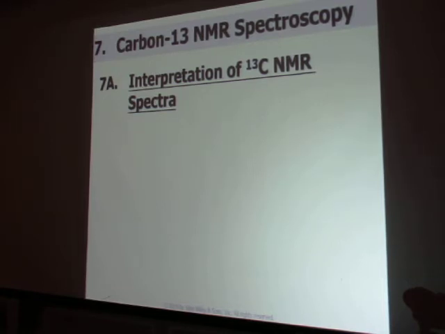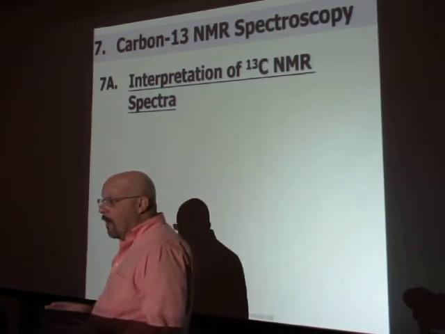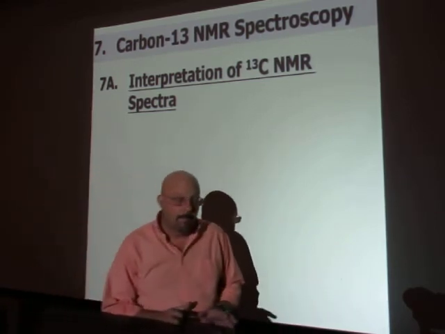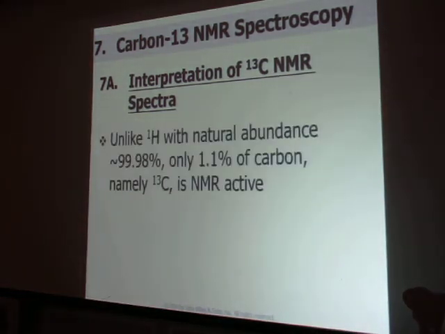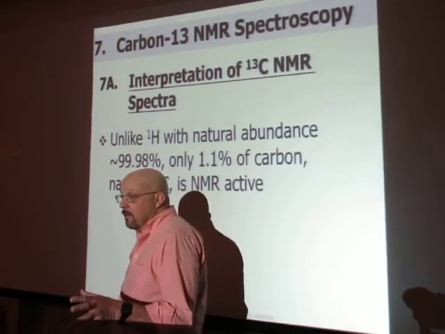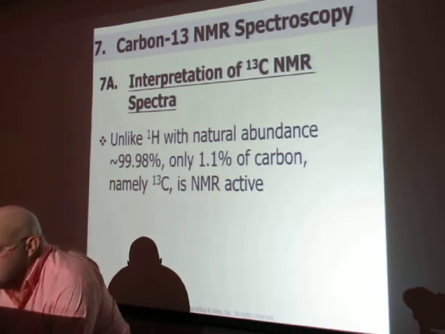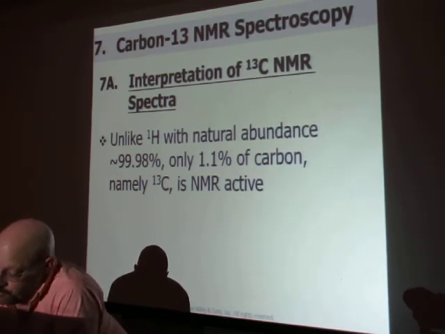Now remember, for carbon, carbon 13 is the one that's NMR active. Carbon 12 is not. Now, of the two isotopes, carbon 12 and carbon 13, only 1.1% of all the carbons in nature is carbon 13. And only the carbon 13 will show up in the NMR.